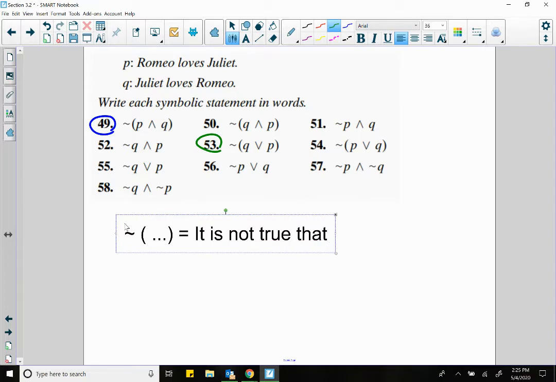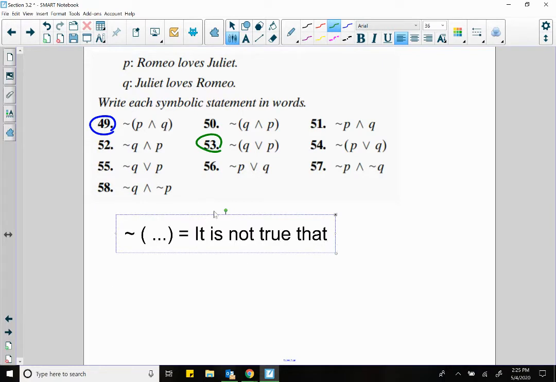That's what that means. This negation parenthesis is that giant not statement you saw in 3.1. So when you see that negation parenthesis, the first thing you're going to write is, it is not true that.